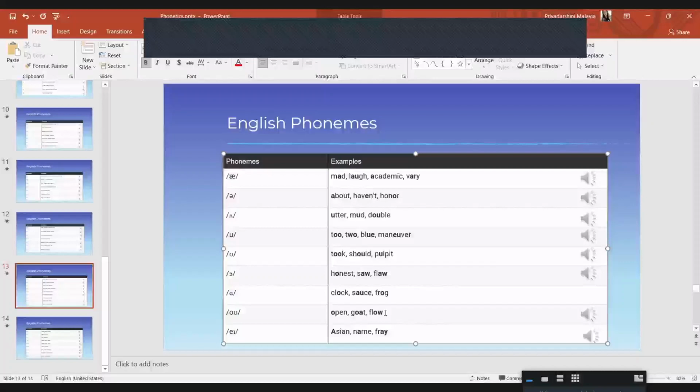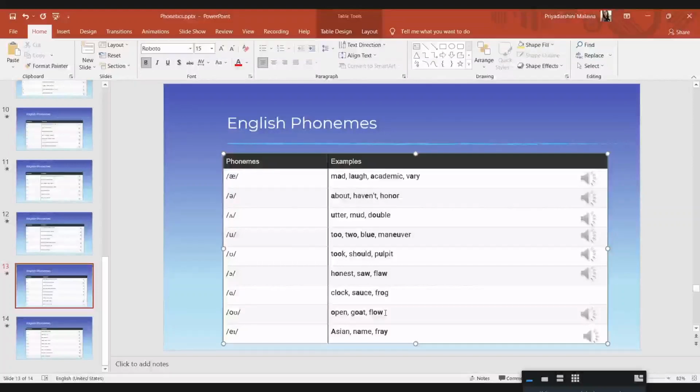Actually, O and W both are making some sound. Like over here, ma'am, after O, there is one more sign which indicates the sound. So both the alphabets together make a pronunciation. Yes, because this O sound is also more of a stretched out O. So it is more of an open, goat, flow, right?